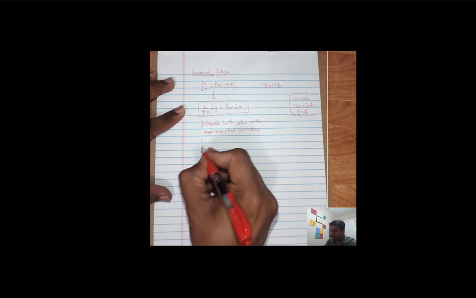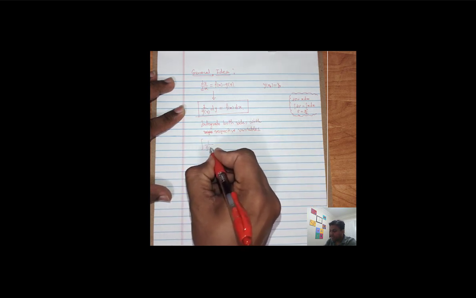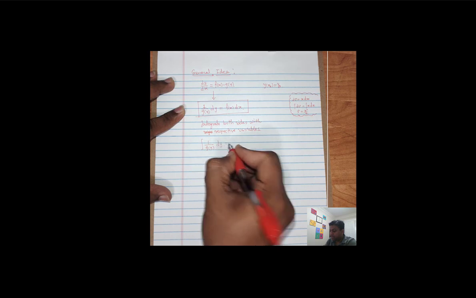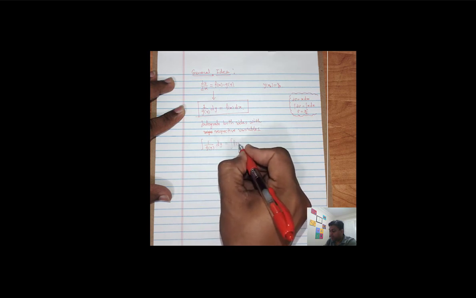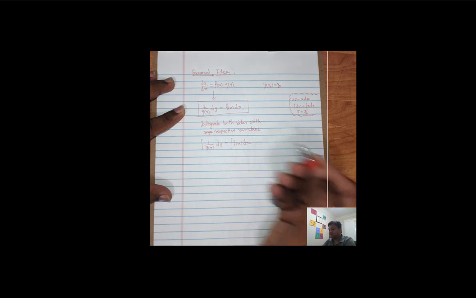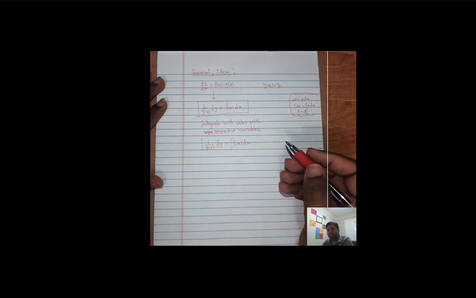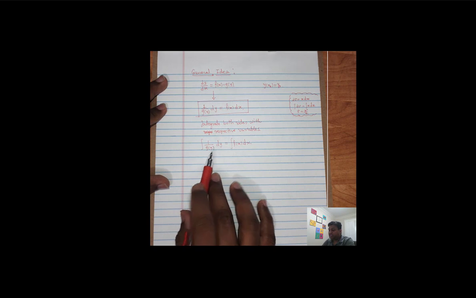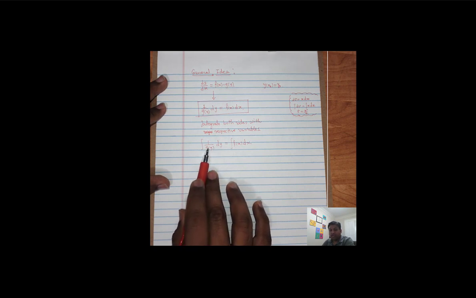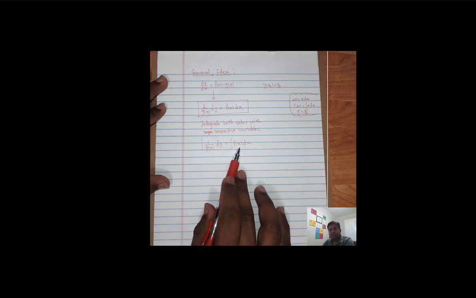Meaning that integrate the left side with respect to variable y, the right side with respect to variable x. We have 4 basic integration techniques: direct matching, algebraic simplification, U substitution, integration by parts, and trigonometric substitution. Assume that we know how to integrate 1 over g of y and f of x.